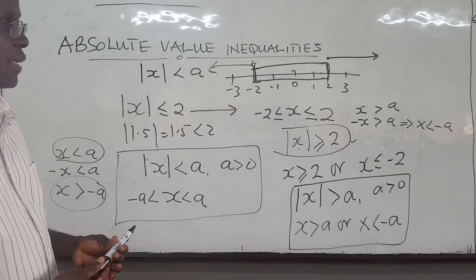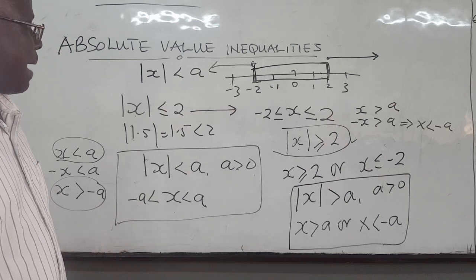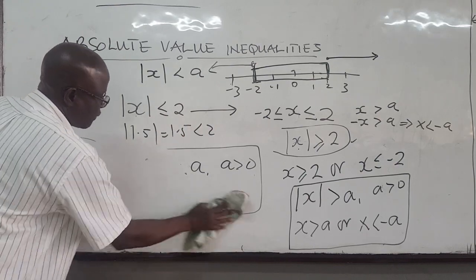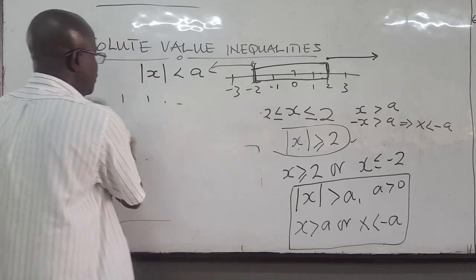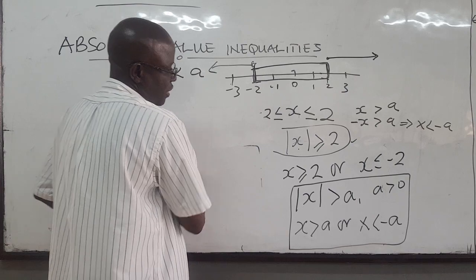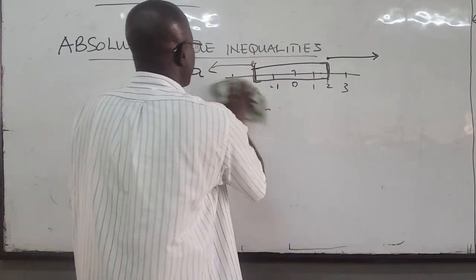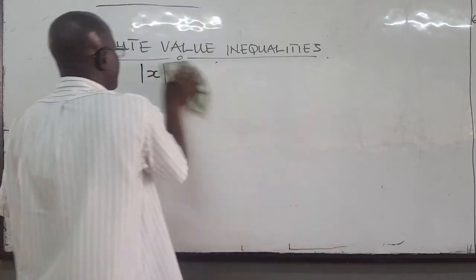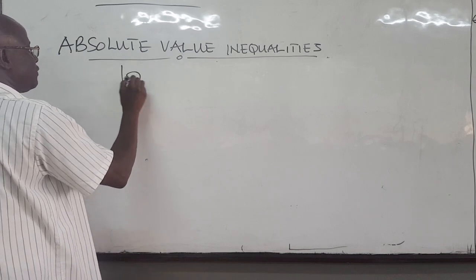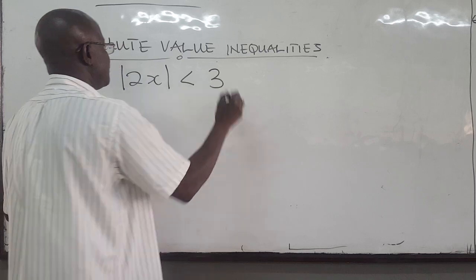Okay. So this is an introduction to absolute value inequalities. We're going to do one simple example of this, and then in the next video we'll do more extensive ones. Okay? So for example, suppose you have the absolute value of 2x, okay, is less than 3.